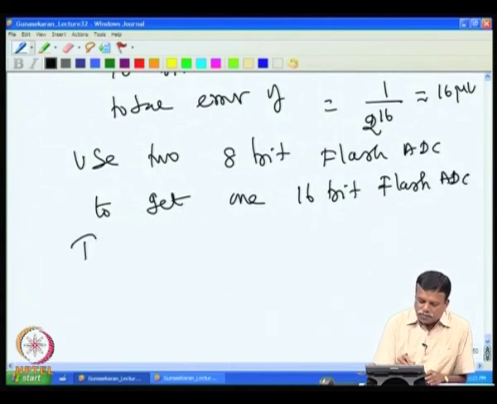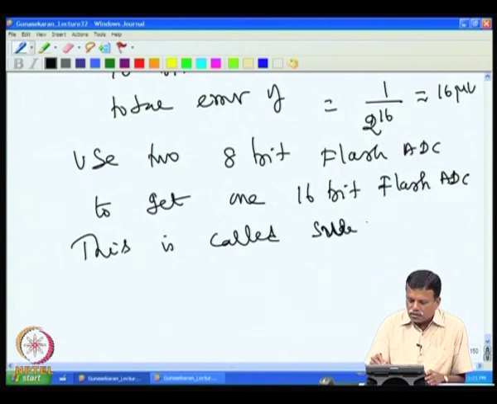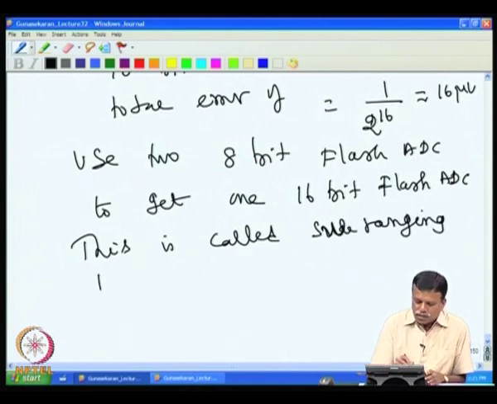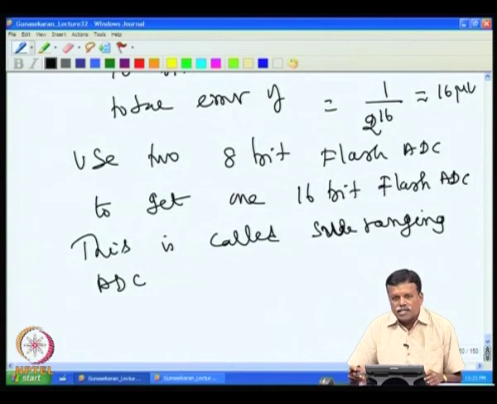This is called a subranging ADC. Now, this technique is not as costly as directly making a 16-bit converter.